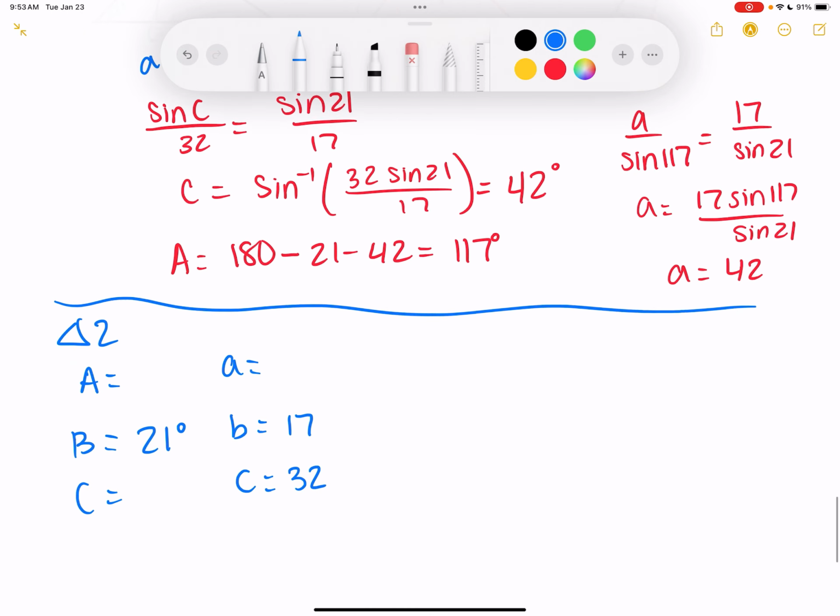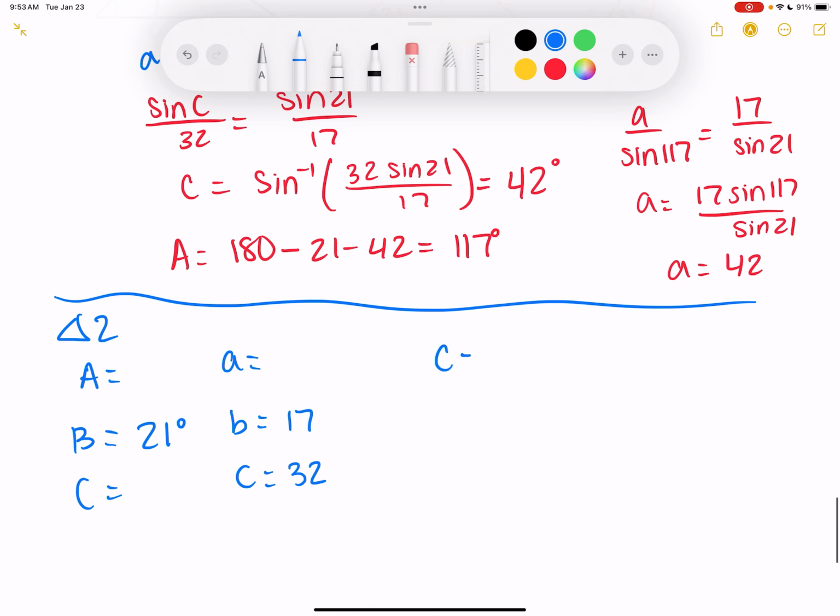So now to find angle C, 180 minus what it was in triangle 1, which was 42. So what is that one? 138.